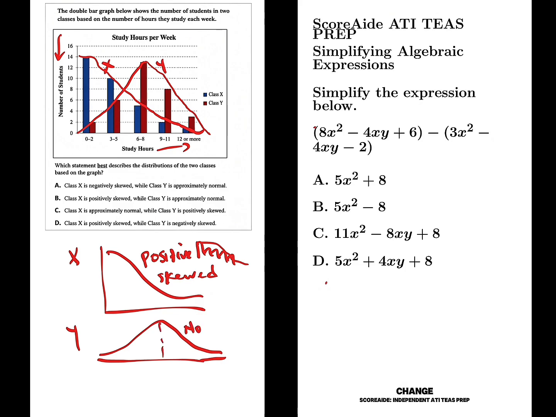So let's look at the best answer to these. A, x is negatively skewed? Nope. B, x is positively skewed, y is approximately normal. So the answer is going to be B, right?